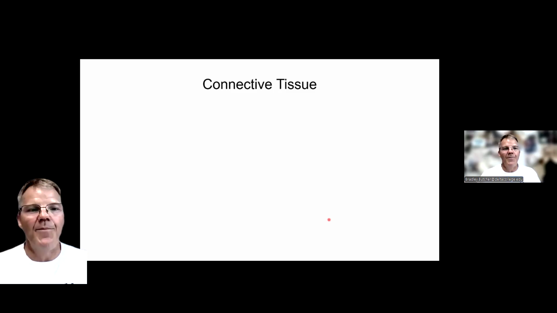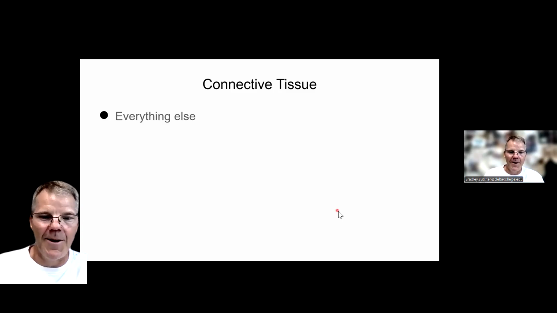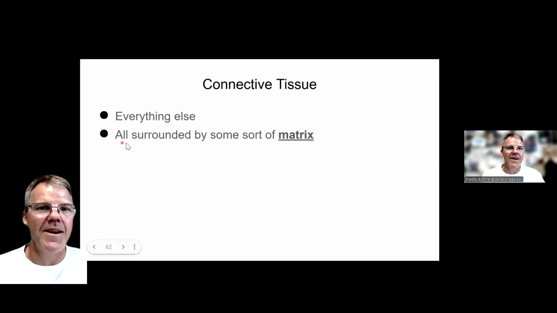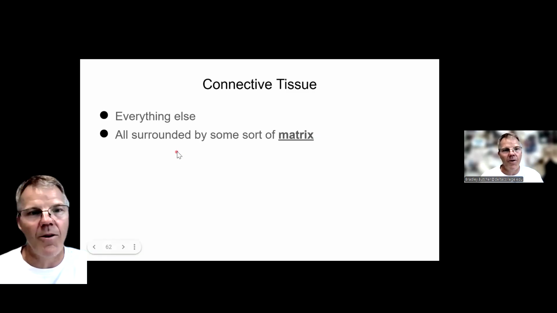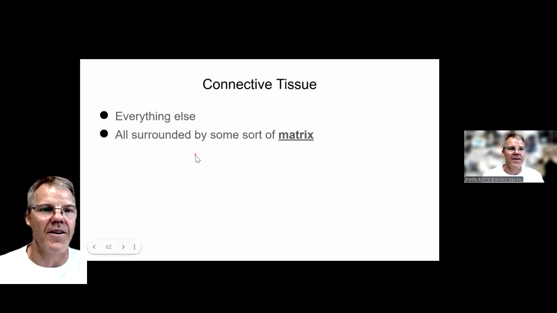Some of it does, but kind of everything else is categorized in this group called connective tissue. Something that is unique about connective tissue is that they are all surrounded by some sort of matrix, some sort of substance that characterizes these cells. It could be calcium deposits, it could be water.